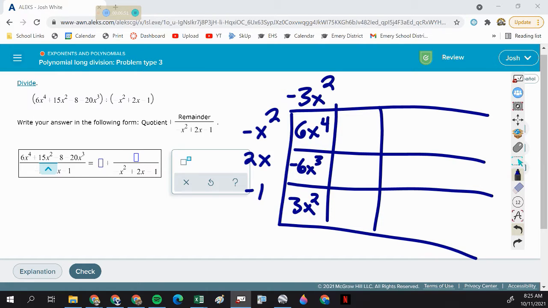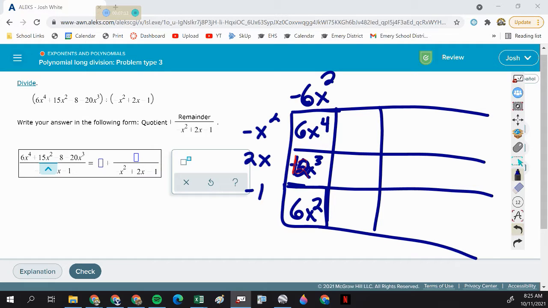Oh, why wouldn't that be negative 6x squared? I don't know. So this would be a 12. And this, that would be a 6x squared. Okay, did I get it right this time?